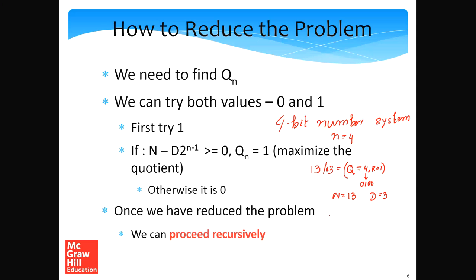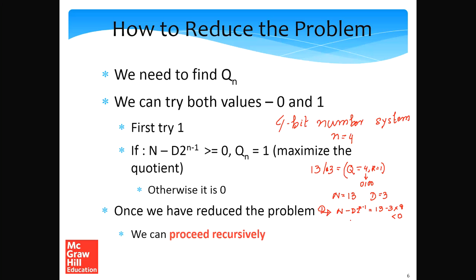So in the first iteration, let me compute n minus d times 2 raised to the power n minus 1, which is 13 minus 3 times 2 to the power 4 minus 1, which is 2 cubed, which is 8. So 13 minus 24 is less than 0.